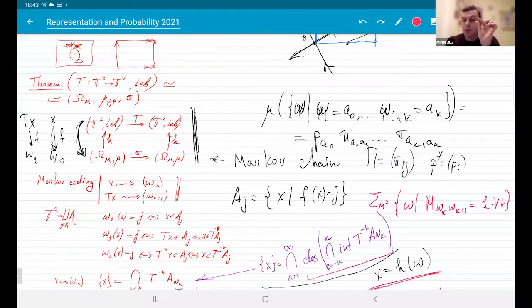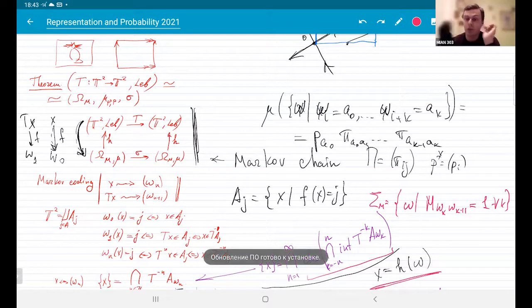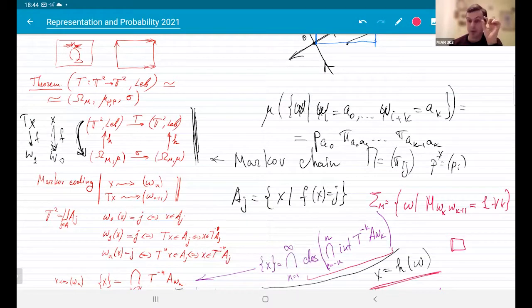If we fix a long segment of our sequence, say we know omega from position minus n to position n, then all the images h of omega for such omega lie in a very, very small rectangle. And therefore, this map is continuous.